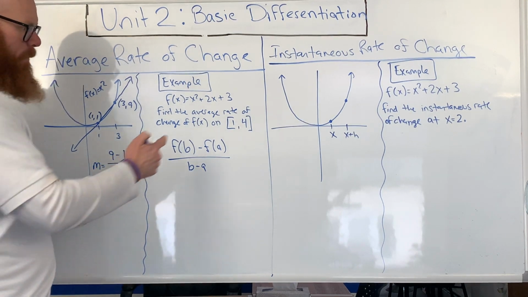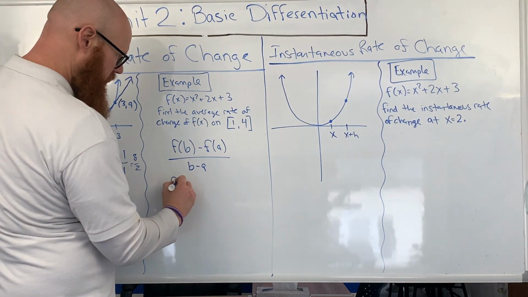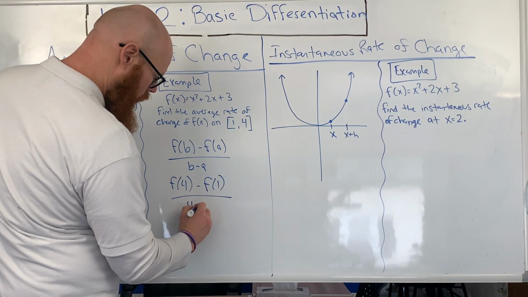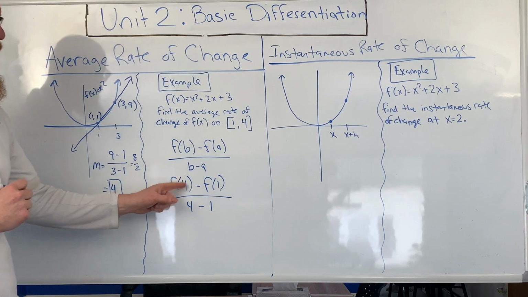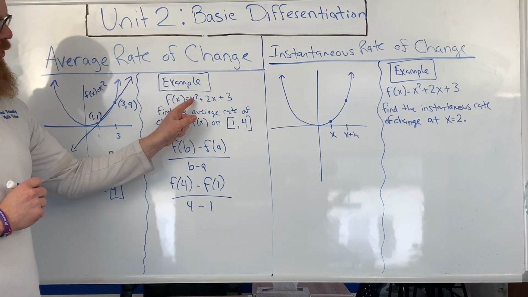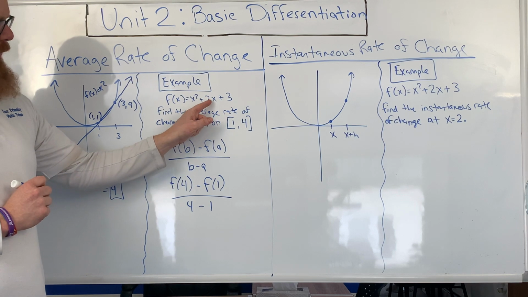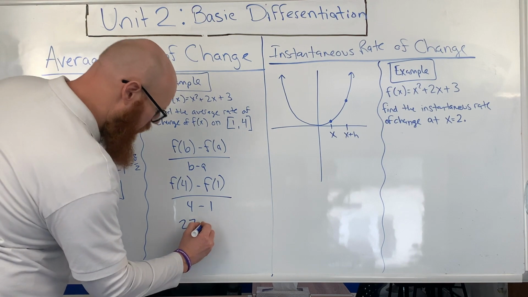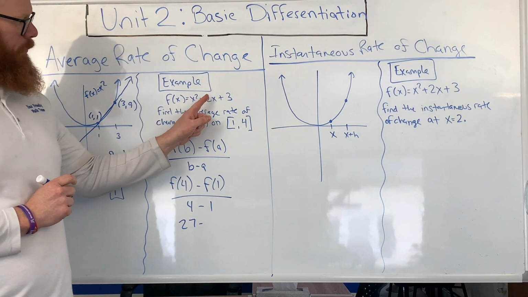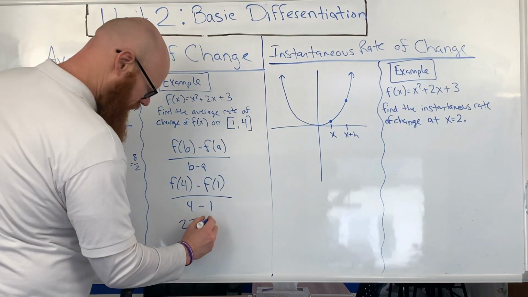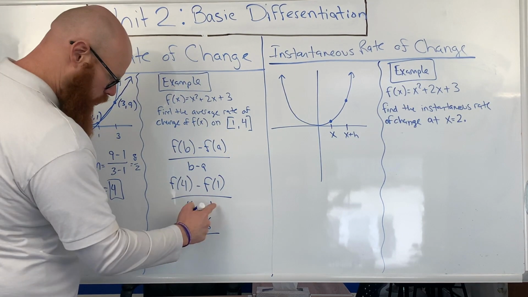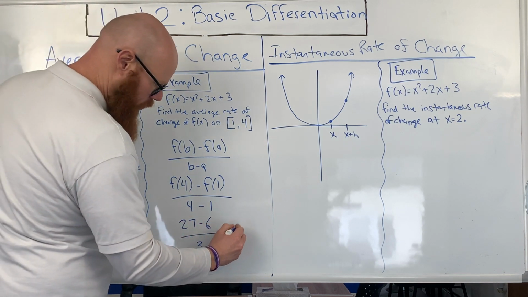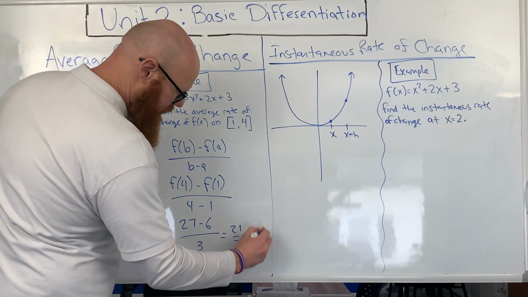It's the same thing. So if we do that here, it just is f of 4 minus f of 1 over 4 minus 1. F of 4 is just plugging into this function. So 4 squared is 16, plus 2 times 4 is 8, 16 plus 8 is 24, plus 3 is 27, minus f of 1, that's just 1 plus 2 plus 3, so that's 6, over 4 minus 1, well that's 3, so this simply is 27 minus 6 is 21 over 3, so we get 7.